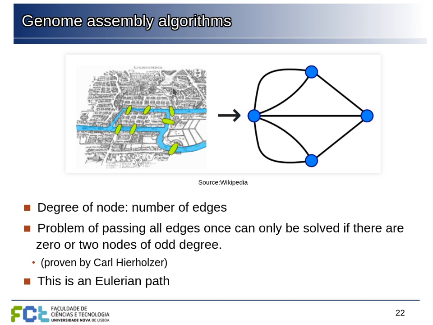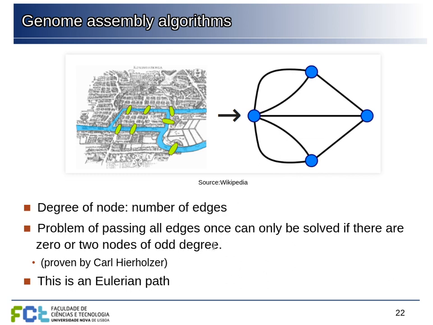So we have each of these land masses here represented as a node, and each of the bridges represented as an arc. And what Euler said is that you can pass through each edge exactly once and cover all edges only if all the nodes have an even number of edges, or only 2 nodes have an odd number of edges.